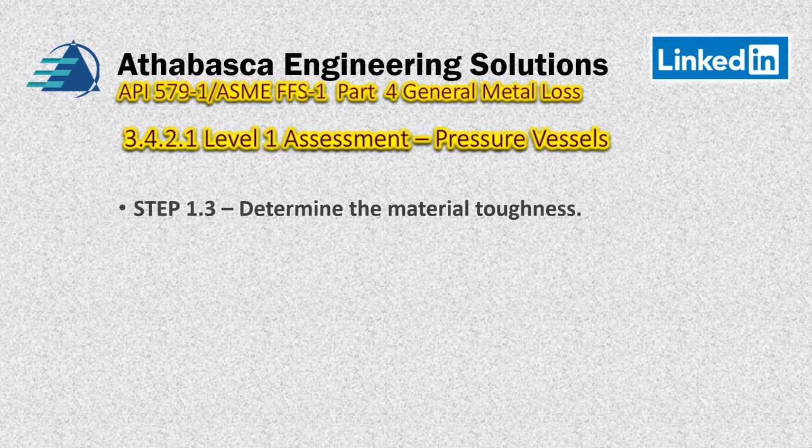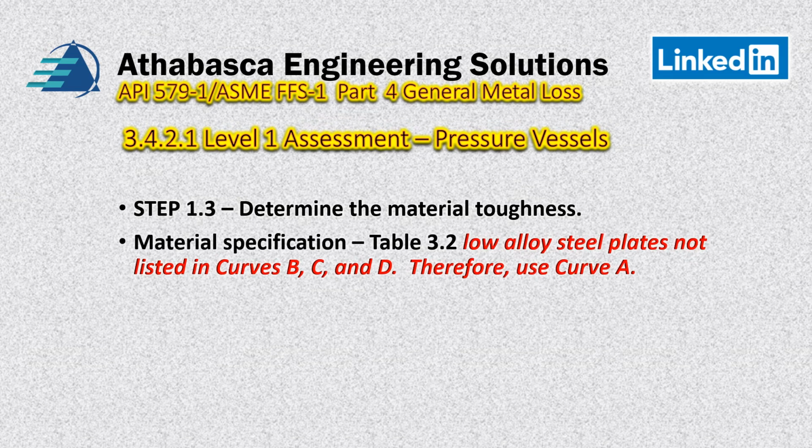Now we continue to step 1.3, determining the material toughness. We have a material specification. We go to Table 3.2 for low alloy steel plates that are not listed in Tables B, C, and D. Therefore, we use curve A. That's applicable, so we move on to the toughness curve, Figure 3.4.